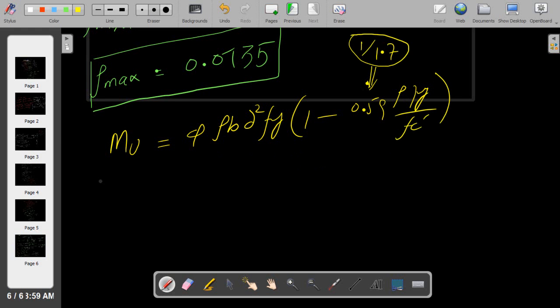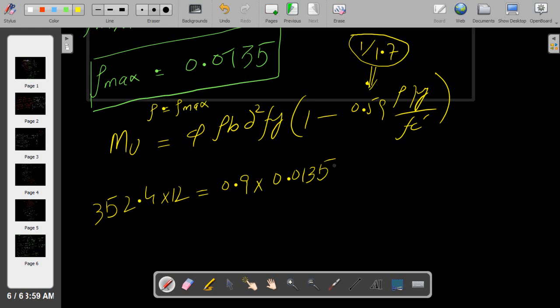We know the value of Mu, which we already found in example 01 part A. The value of the moment is 352.4, multiplied by 12 to convert from feet to inches. We know the value of phi, that is 0.9. We are using rho equals rho max, that is 0.0135, and the b value is 12 inches.